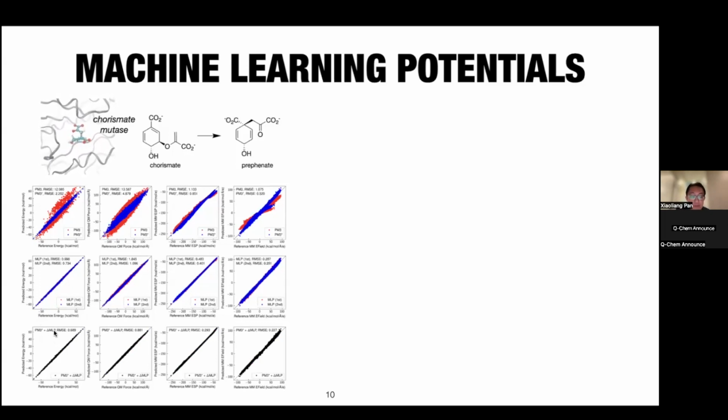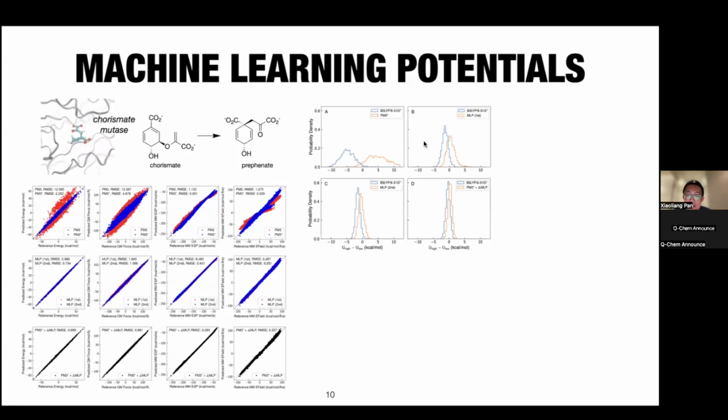In this type of model, the machine learning potential is not to predict the target model directly, but instead predict the difference. So here the results are the correction term from the machine learning on top of the PM3, that's the reparameterized model. So you can see even with one round of training, it gives slightly better results than two rounds of training of just doing this directly.